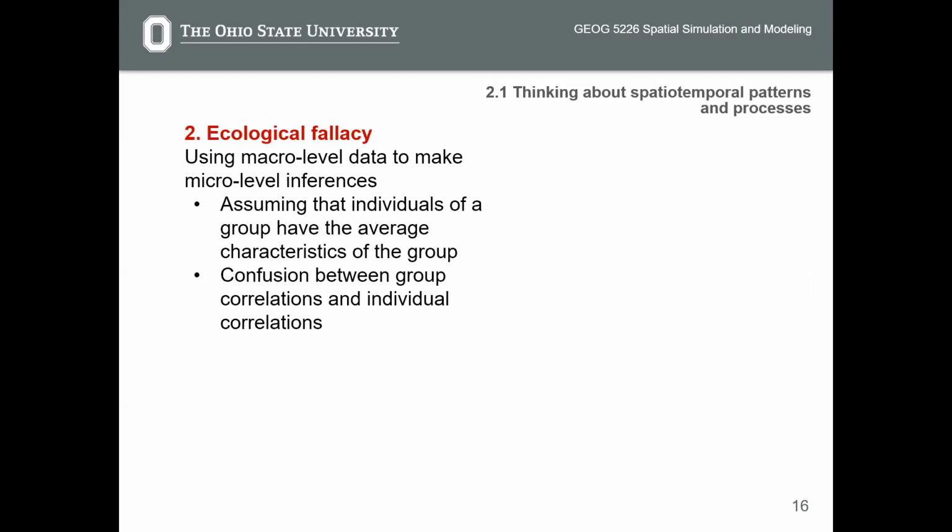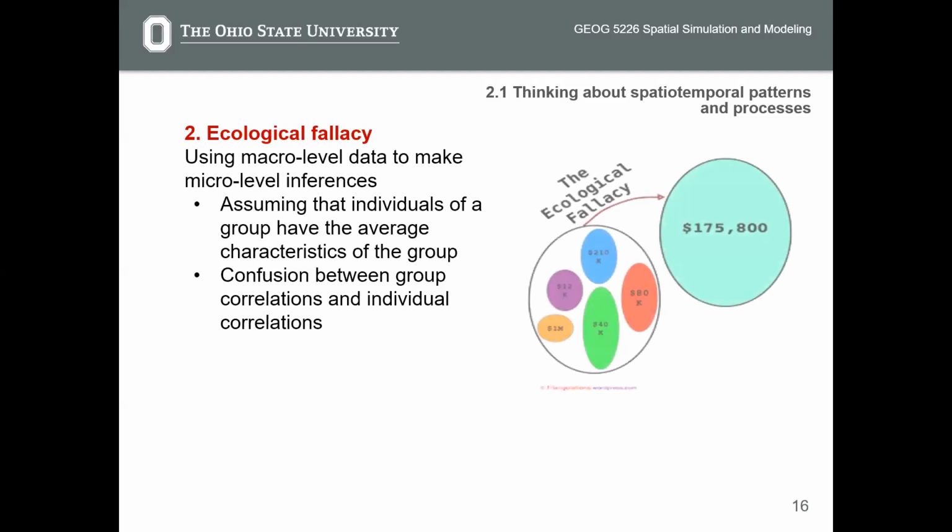It means that when you have drawn some conclusion based on the data for the whole group, you should not simply use this conclusion for an individual in this group. For example, here we have a group of people, 1, 2, 3, 4, 5, five people with different yearly income: 210K, 80K, 12K, 40K, and the richest one has 1 million.